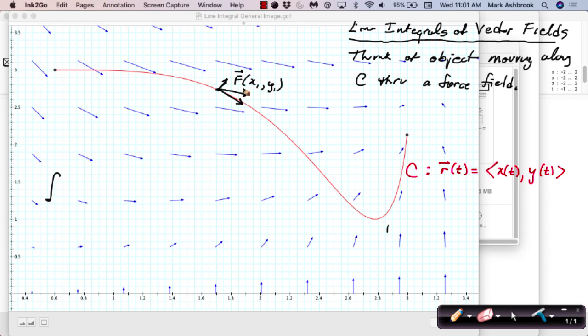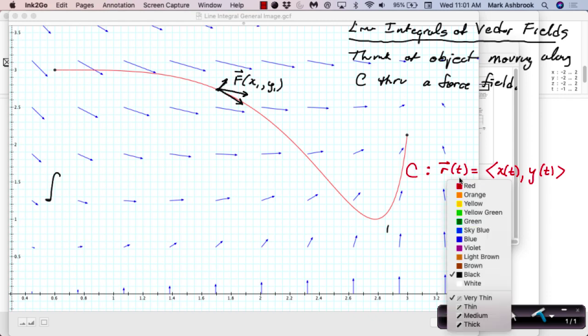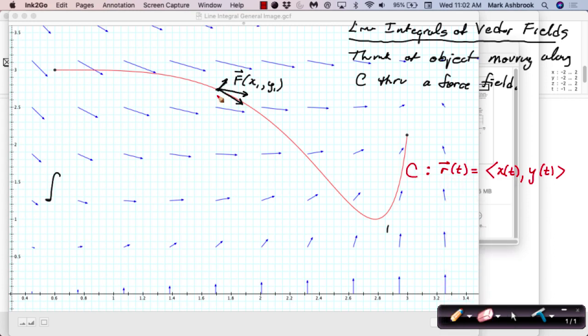So what do we want? We want the part of the force in the direction of the curve. Based on our r vector, what is the direction of the curve? If r is giving me the points on the curve, then what gives me the direction of the curve at any point?